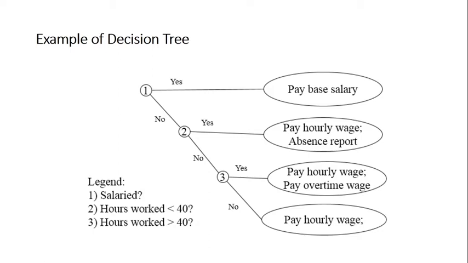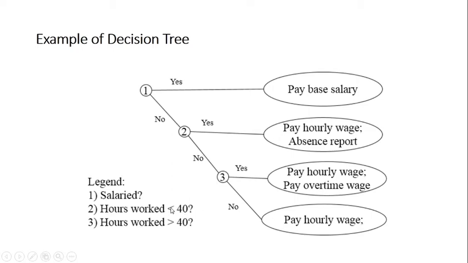We are talking about a payroll system and we have three conditions here, right? If a person is salaried, that's the first condition, and the second condition is he works on an hourly basis, salaried or hourly work. So if he is working on an hourly basis, then we are talking about the number of hours.